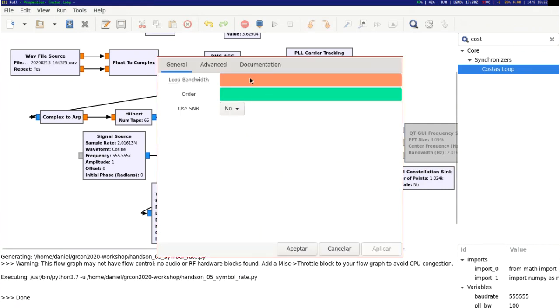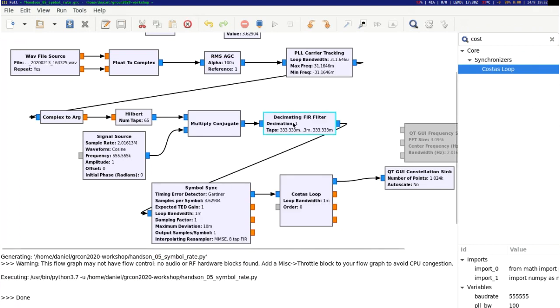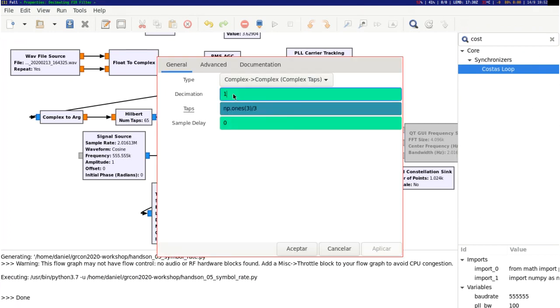Again, we have a bandwidth. Everything which has a loop needs a loop bandwidth, which needs to be tuned to the specifics. I see a couple of questions. One is, is the FIR filter a decimated moving average? It's actually not decimated. If you look here, I use decimation 1, so it's just a simple moving average, no decimation.